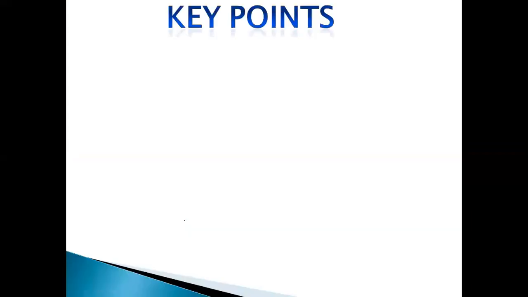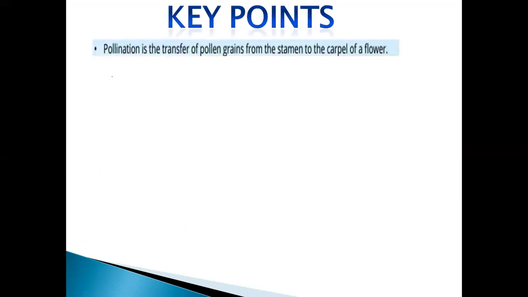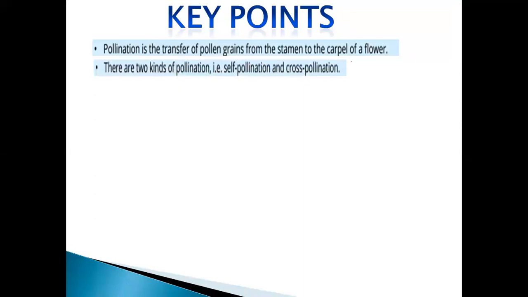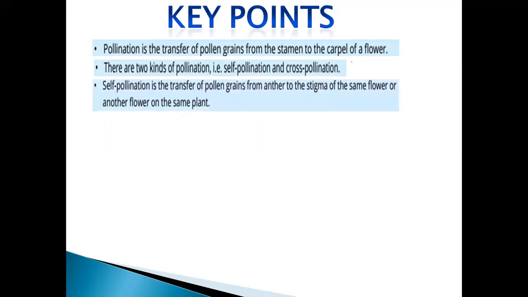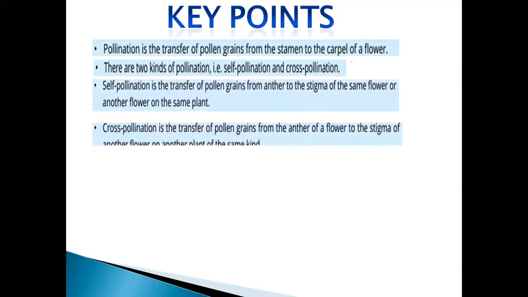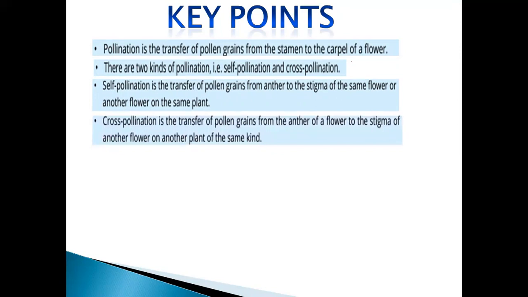Yes, let's take a review of this chapter. First, pollination is the transfer of pollen grains from the stamen to the carpel of a flower. Number 2, we have studied two kinds of pollination: self and cross pollination. Third, self pollination is the transfer of pollen grains from the anther to the stigma of the same flower.